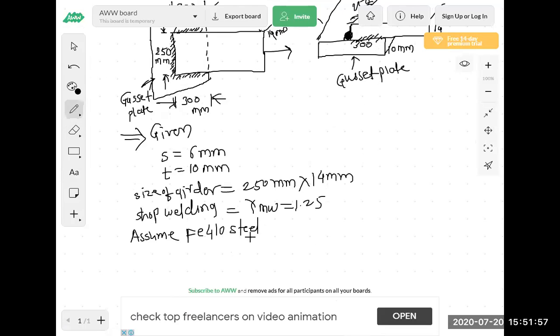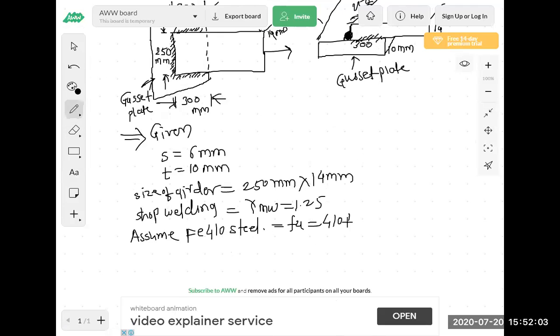Here we will assume Fe410 steel, and for Fe410 steel, Fu is equal to 410 Newton per mm square. Are you getting? They have not given the grade of steel in the problem statement, so we have to assume the grade of steel, Fe410. So this is the given data.